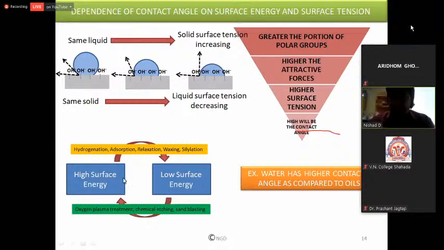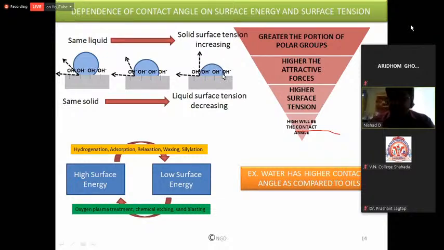So if I want a high or a low surface energy, that means I can use some treatments, like if I use a plasma treatment or a chemical etching treatment, I can change the low surface energy to high surface energy. Or if I use adsorption or hydrogenation processes, so if you can see, if I use hydrogenation here, then the H2 will be formed, and then these bondings will be higher.